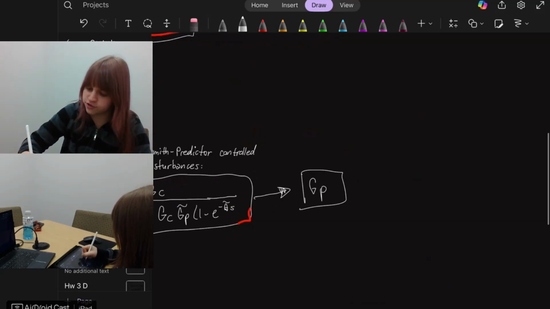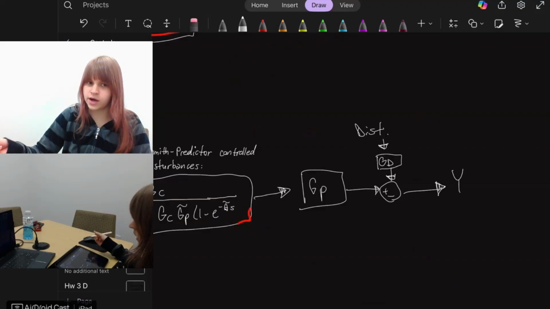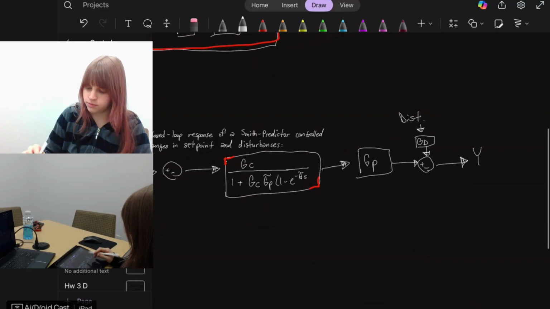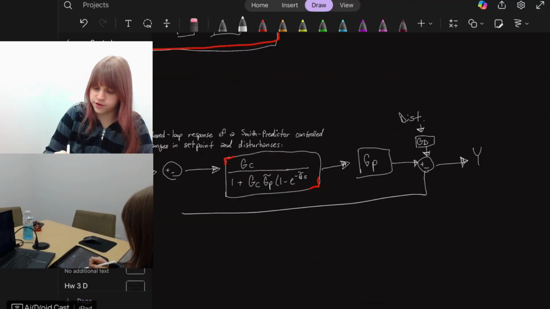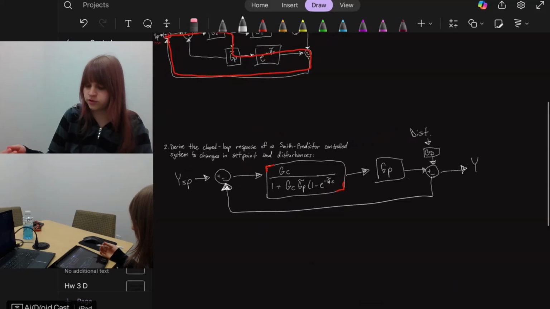We still have our disturbance GD. We have our comparator, our output Y, and then we need to compare these values still to the set point so that we can make any changes necessary.